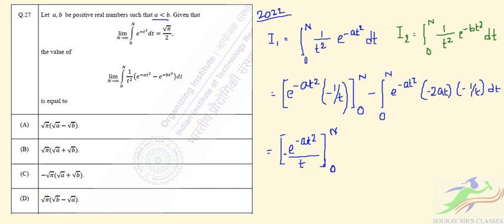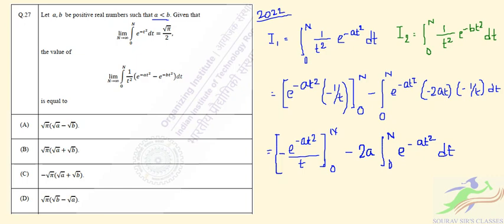There is a minus over there. So here it is minus, and we can write this equation as the integral from 0 to n of e to the power minus a t square dt, right?